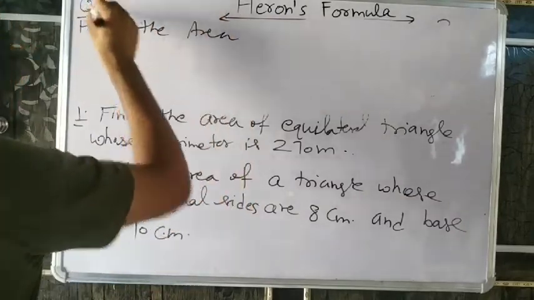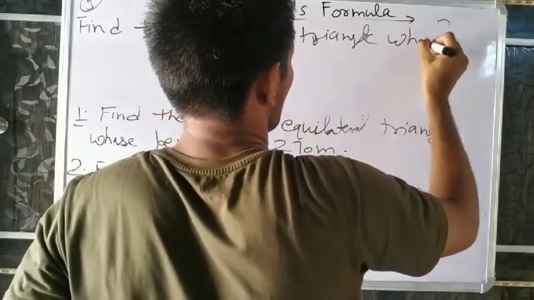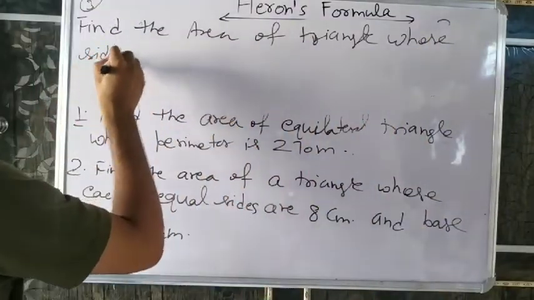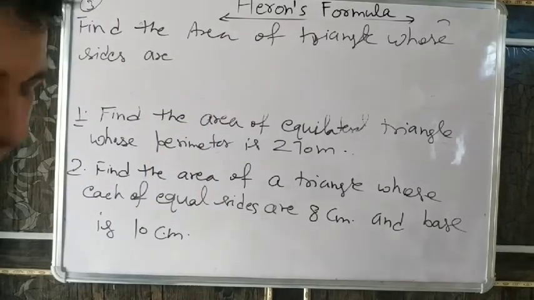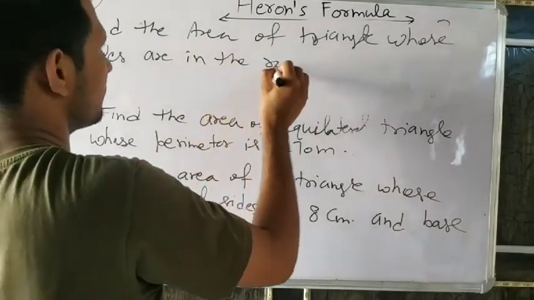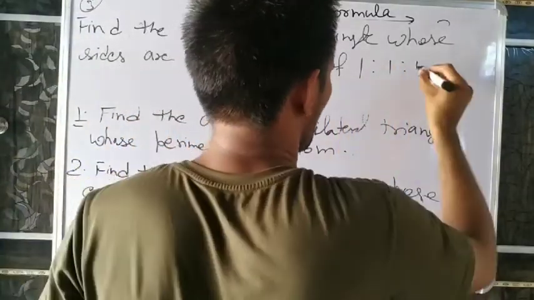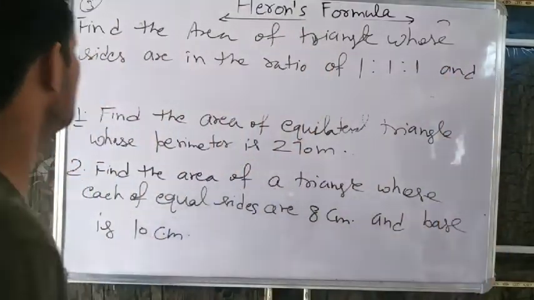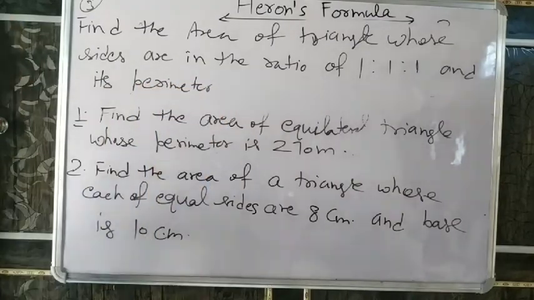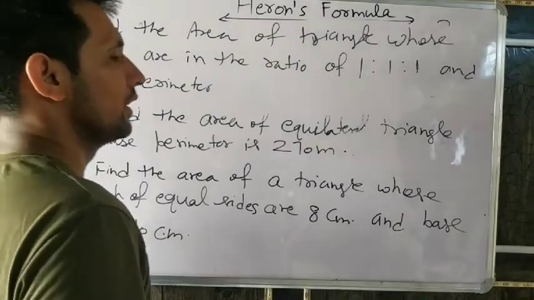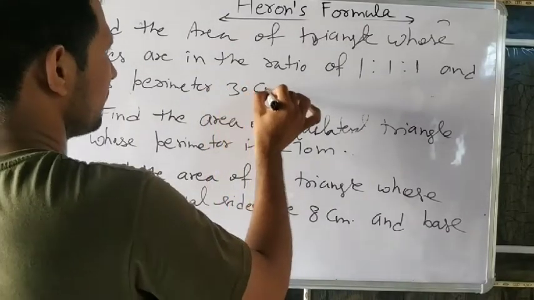Next, one more. Find the area of a triangle whose sides are in the ratio of 1:1:1 and its perimeter is 30 centimeter.